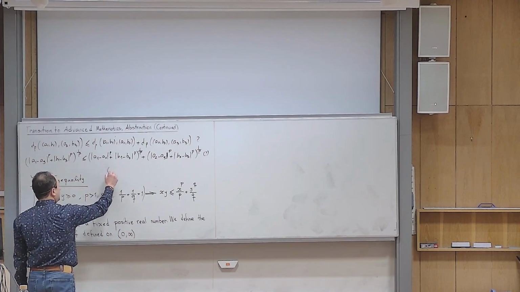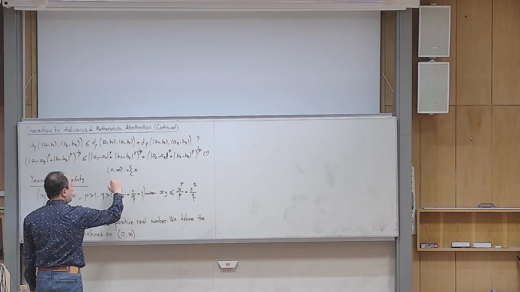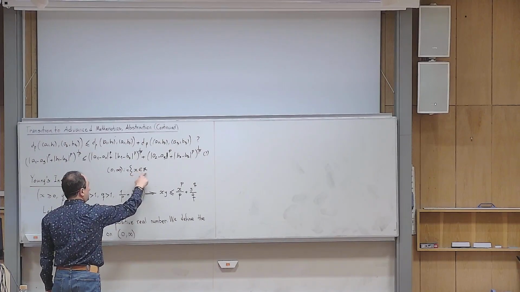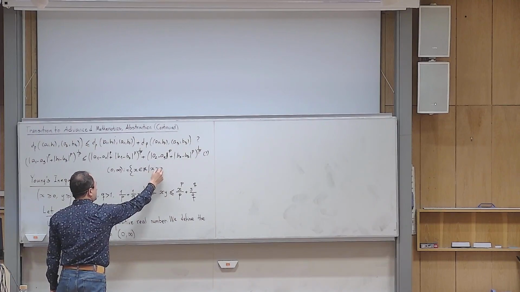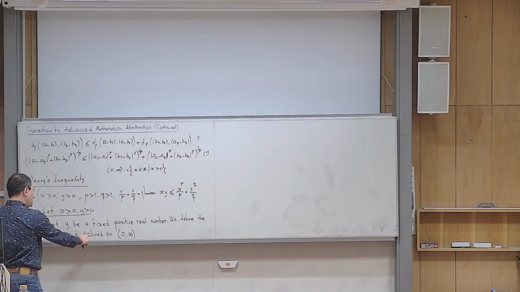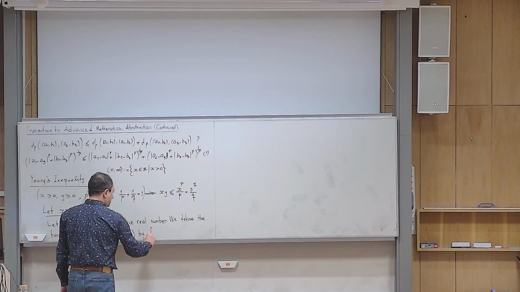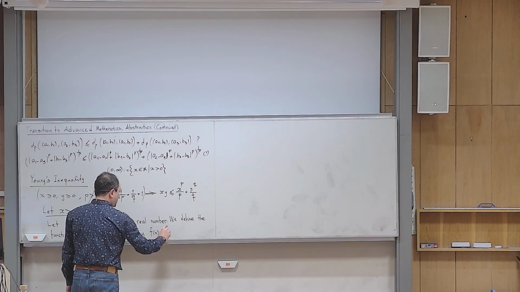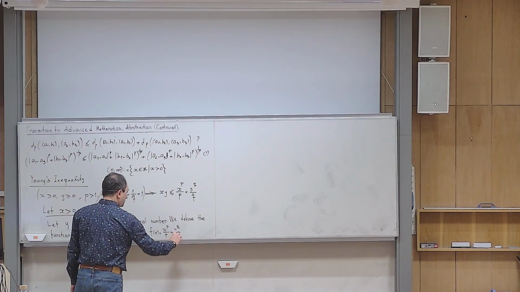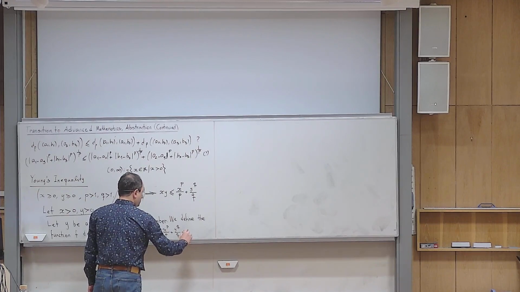So the interval 0 to infinity is defined to be the set consisting of all real numbers x such that x is greater than 0. So that's a shorthand notation for this set. So defined on this by this formula: f of x is equal to x to the power of p over p plus y to the power of q over q minus y times x.